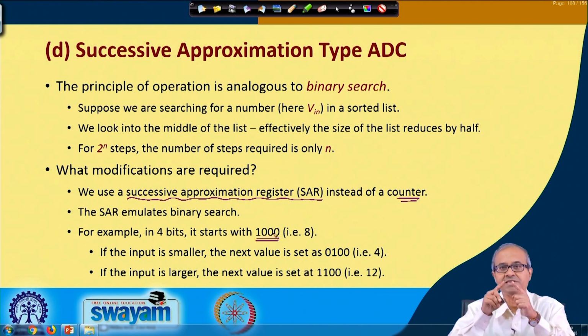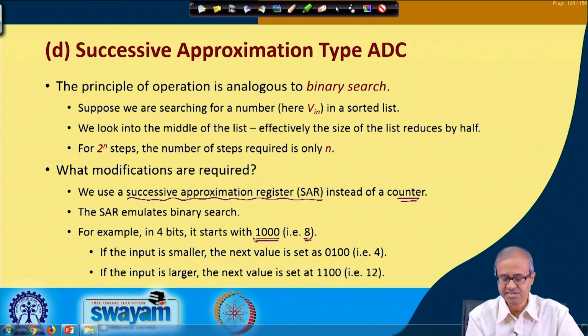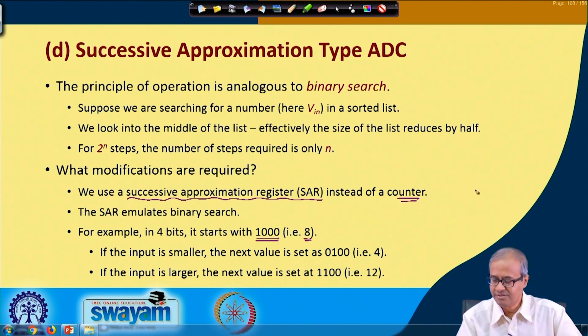In 4 bits we can have values from 0 to 15. This 1000 means, in decimal, 8. So, 8 is approximately the middle of that range, 0 to 15. So, I start with the middle point and compare whether the input is less or greater. 1000 is 8, and then the input can be less or it can be greater.